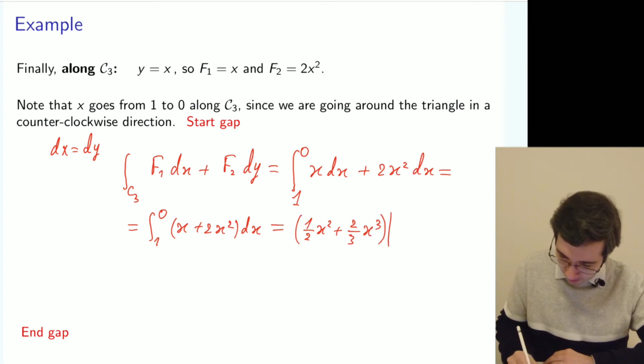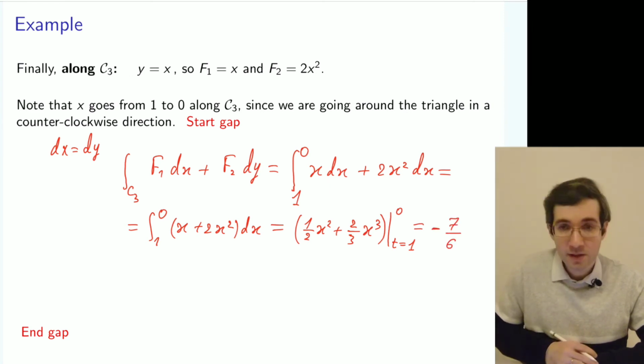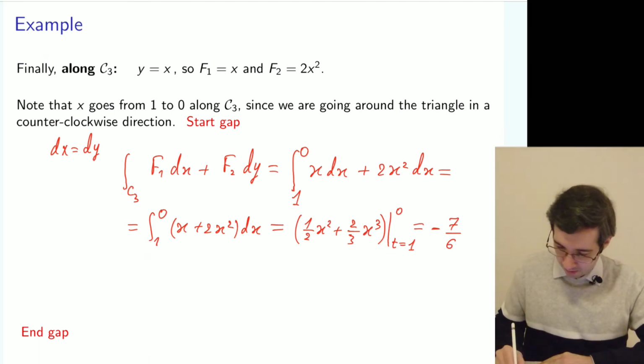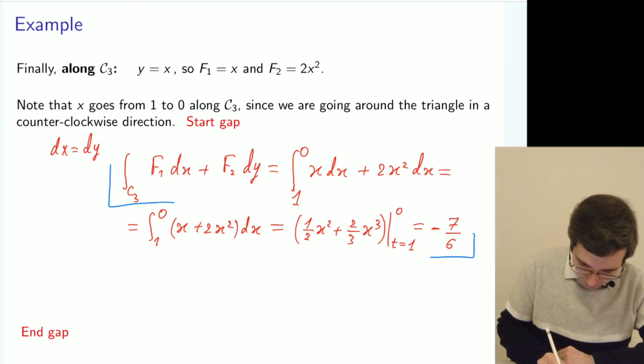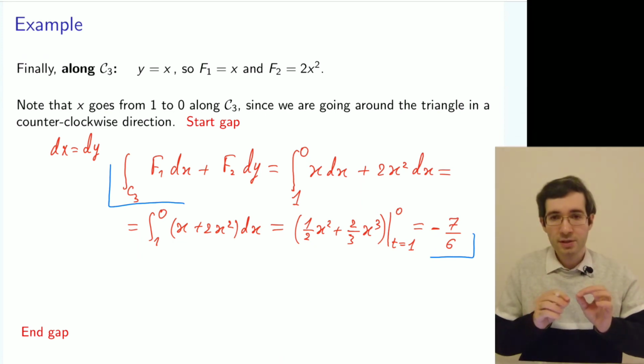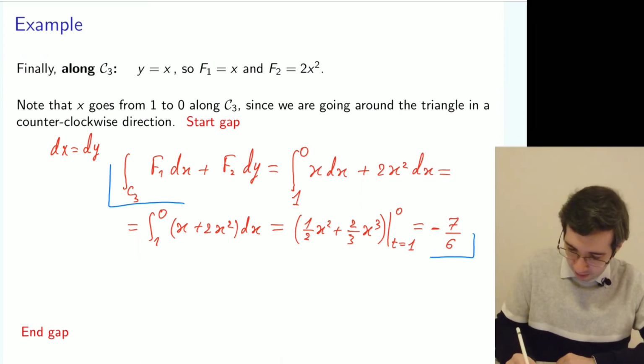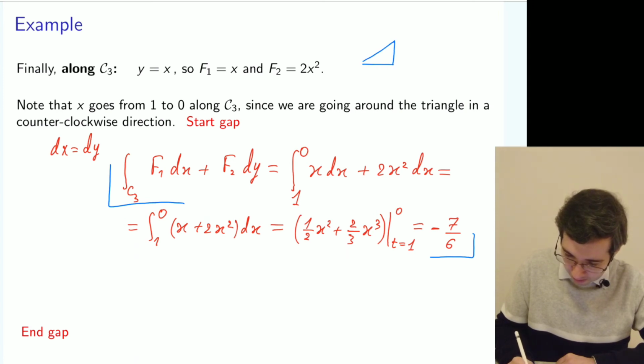But note again the order of the limits. So first is 1 and then is 0, which makes it a negative 7/6. So that is the answer to the final bit of our integration. So we completed the integration over that curve now.